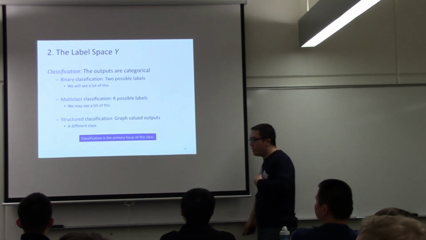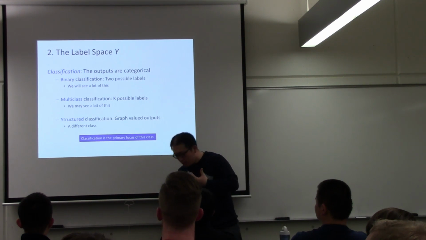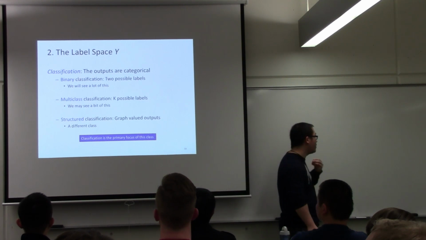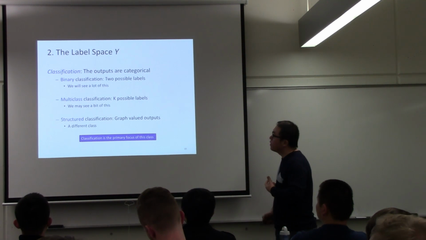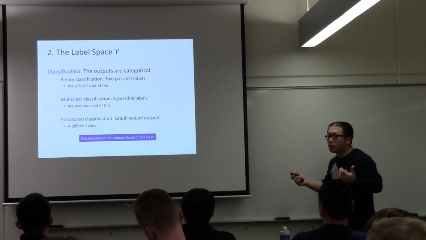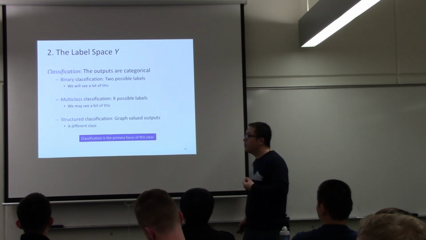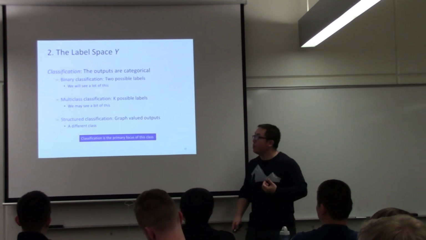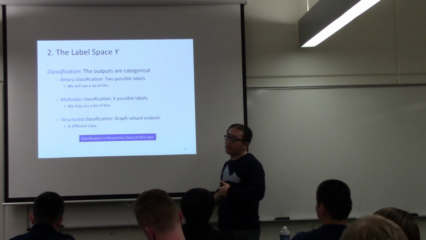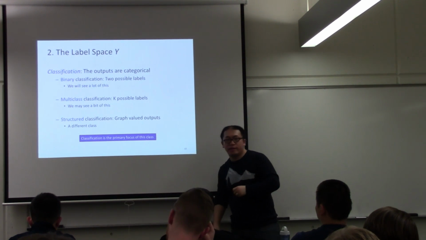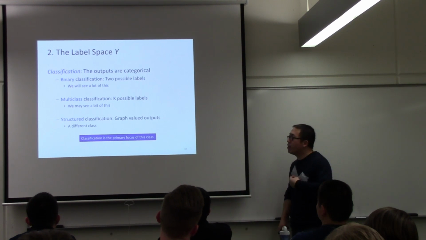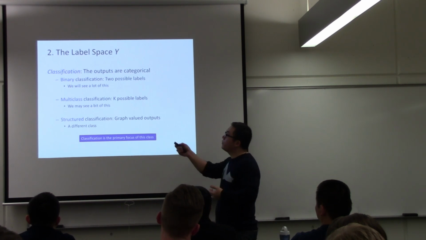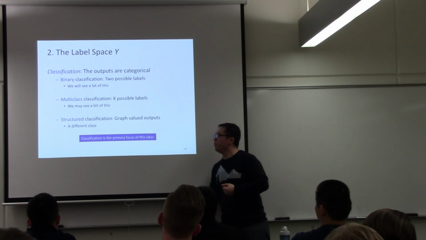Here I just give a simple categorization of supervised learning tasks according to different label spaces. If our label space is discrete, that means it contains finite discrete labels, then this task is generally referred to as classification. If it only contains two labels, this is binary classification, and in the whole semester we will primarily focus on binary classification.